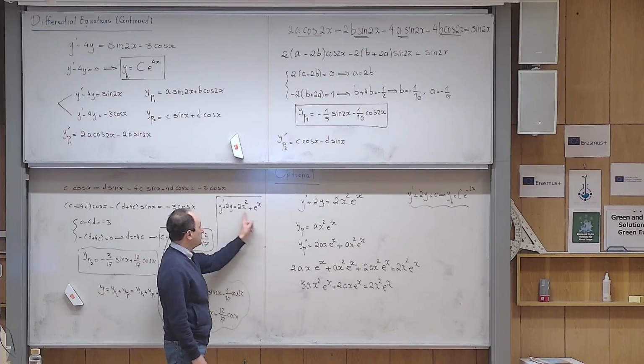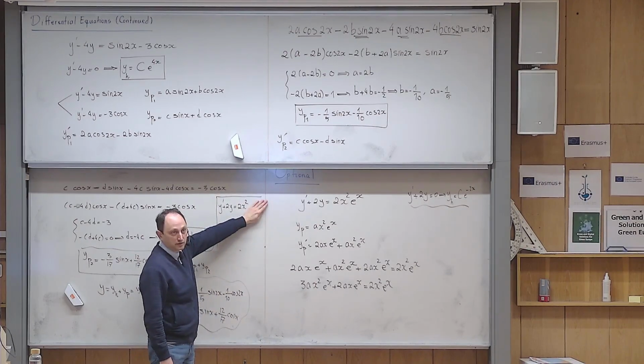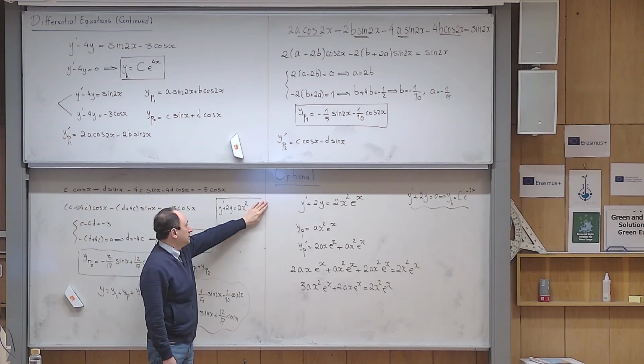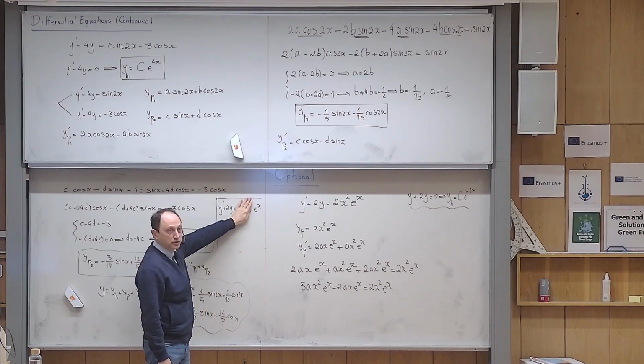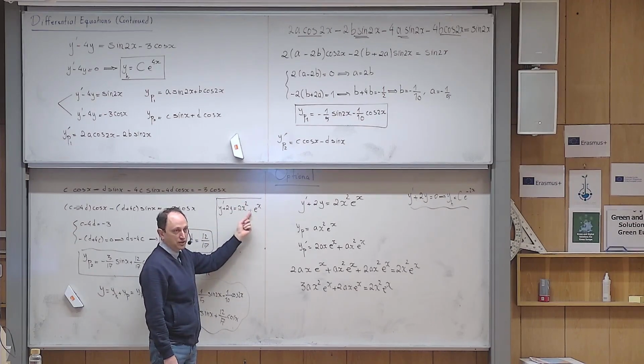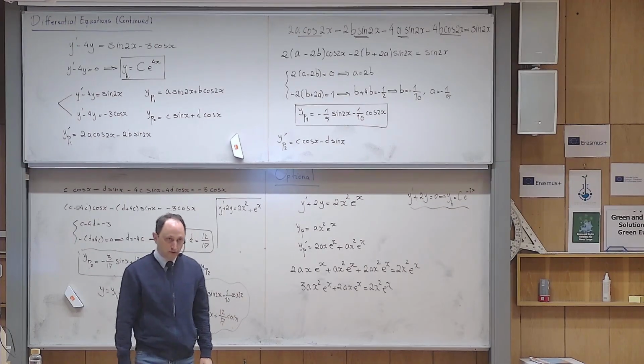So if you want to guess something for this, how do you guess? You guess one for this part, which should be of which type? A second degree polynomial. And you guess one for this one, which should be an exponential function. And then you say that because this is addition, linearity guarantees that the sum is also a particular solution.